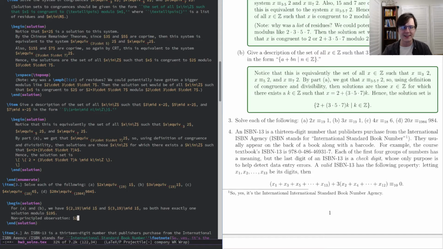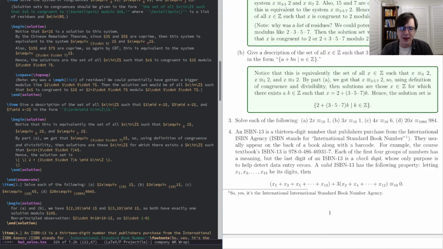The thing I noticed is 2 times 9 is 18, so 2 times minus 9 is... 18 is 19 minus 1.